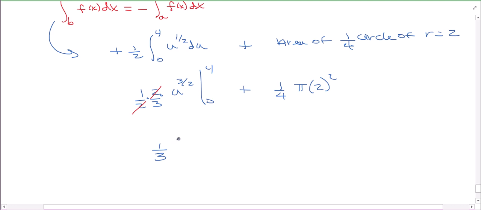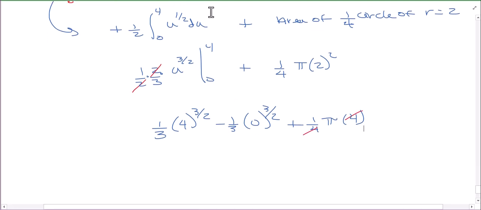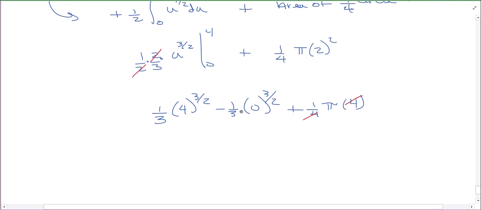Plug in the 4, so 4 to the 3/2 minus 1/3, 0 to the 3/2, plus 1/4 pi times 4. So those 4's are going to cancel off nicely, divide out, and so let's see, that becomes just 0. So 1/3, 4 to the 3/2.